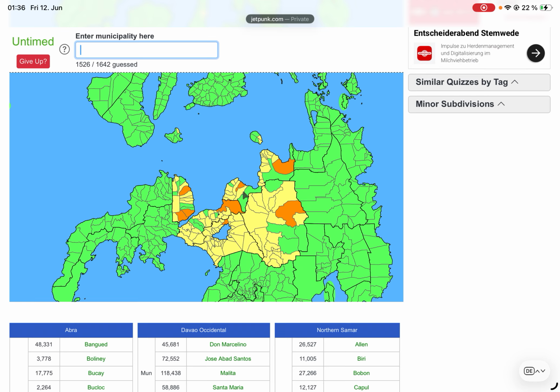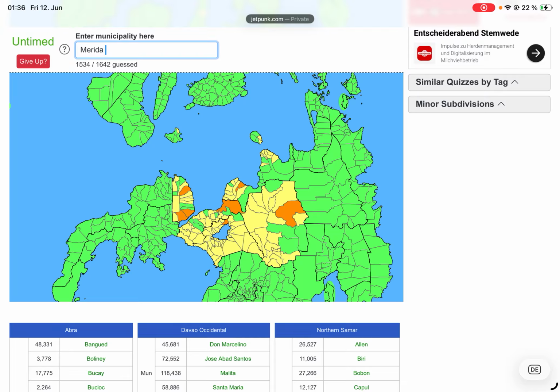And east of Cagayan de Oro we have Tagoloan, we have Villanueva, we have Jasaan, we have Balingasag, Salay, Lagonglong, something like Lagonglong, but I'll get back to it. We have this huge component city named Gingoog.